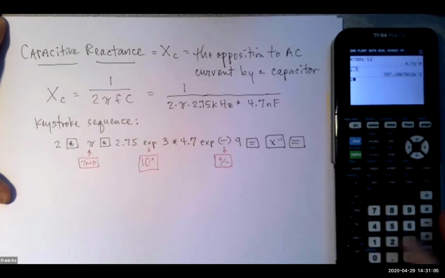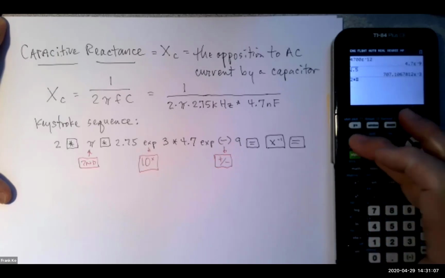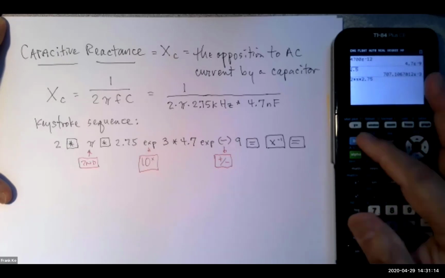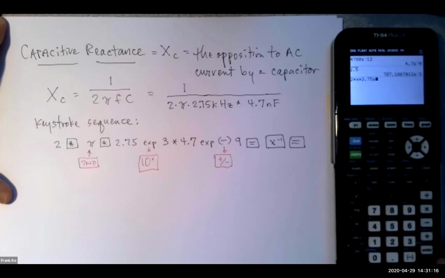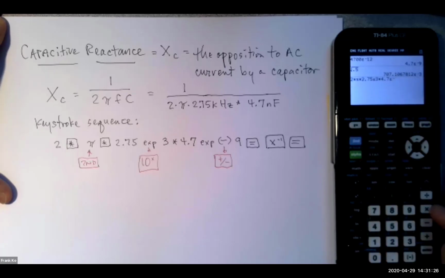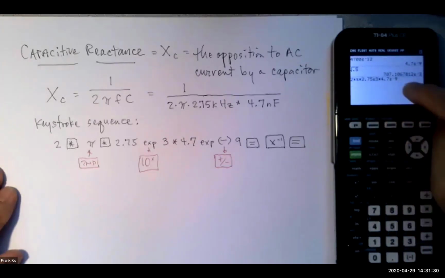So 2 times, and for mine, I have to hit second pi. So there's my pi, and then times 2.75, and I have to hit second double E, 3, and then times 4.7, second double E, -9. So what I've done is I've keyed in the denominator.